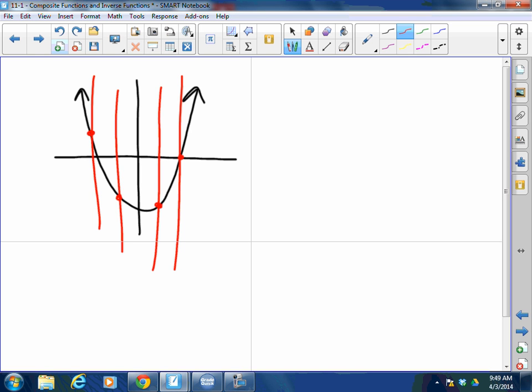Now, a one-to-one function is a little bit different.